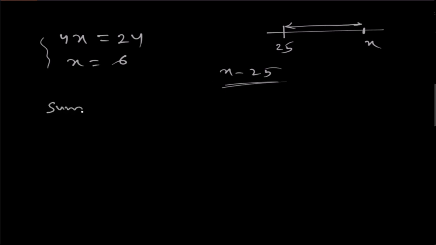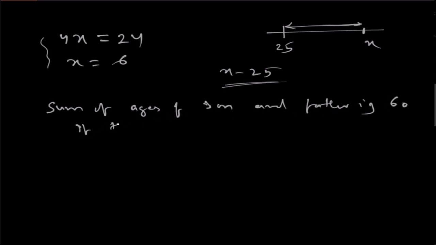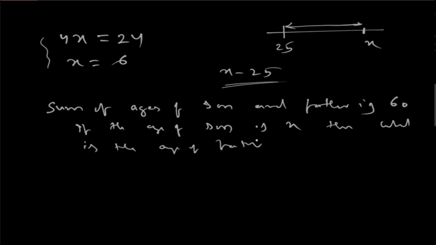Let the sum of the ages of son and father is 60. Their sum is 60. If the age of son is x, then what is the age of father? A problem may be like this.